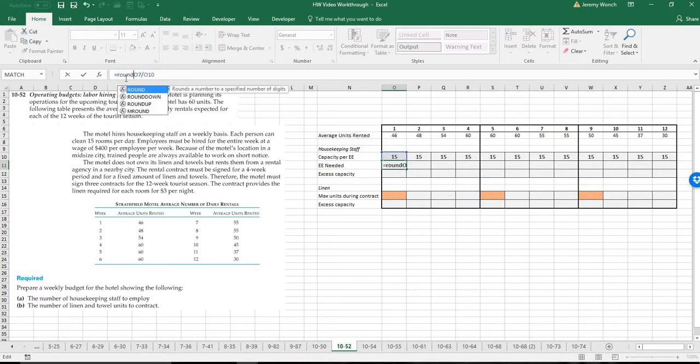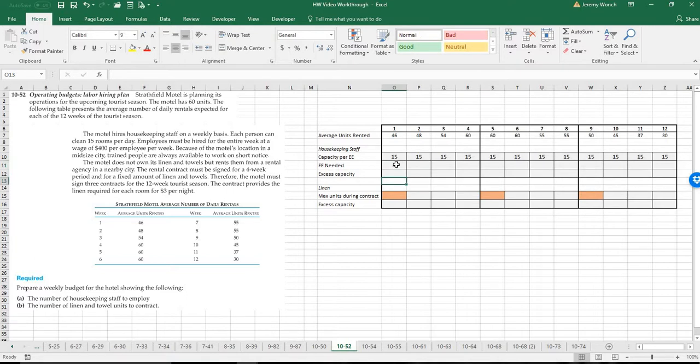So we'll do a round function. Actually, we want a round up function because we always want to go up. It's going to be that divided by that, rounded to a whole number. There we go. So at least for week 1, we're going to need at least 4 employees.